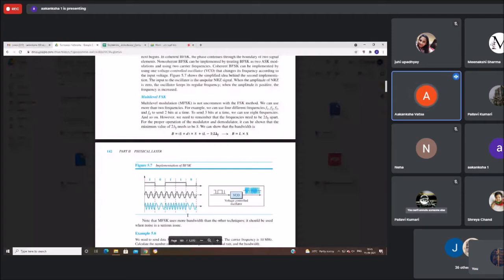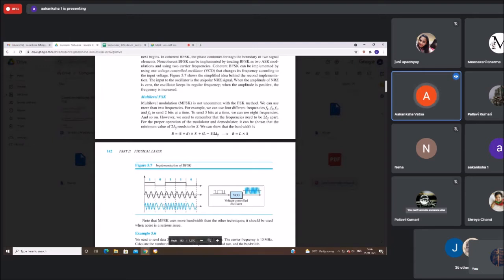It completed 4 cycles. That means the frequency is 4. But when 0 was to be transmitted, the sine wave could only complete 2 complete cycles. So f is equal to 2. So here the frequency was high for 1. This was f1 frequency, and frequency for 0 was 2 only. f is equal to 2.